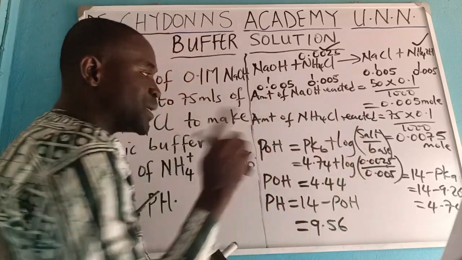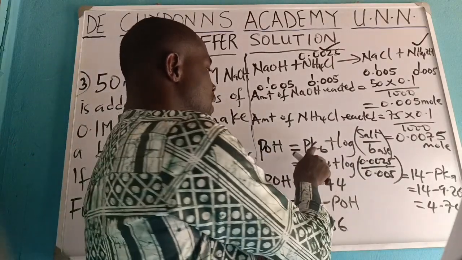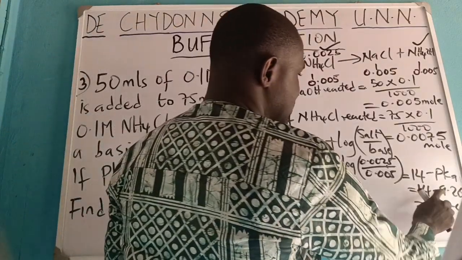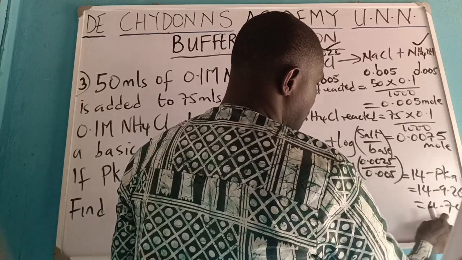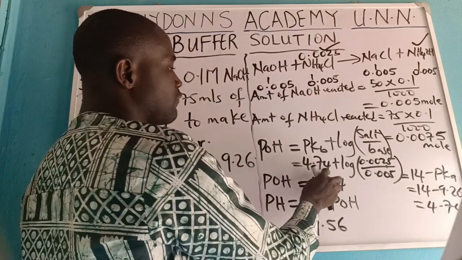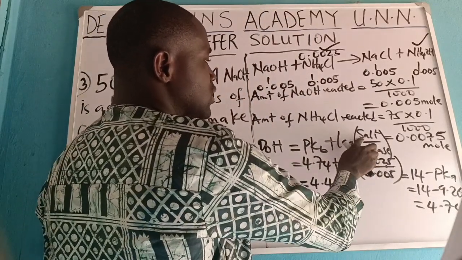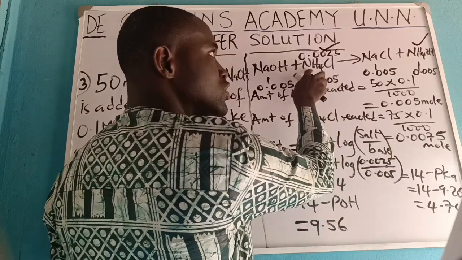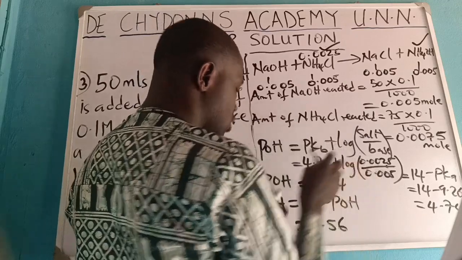You say pOH equals pKb plus log salt over base. That is the pOH of a basic buffer. Now pKb will be equal to 14 minus pKa, and that is 14 minus 9.26, 4.74. Say 4.74 plus log. What is your salt? Your salt is 0.0025, and the base is 0.005.